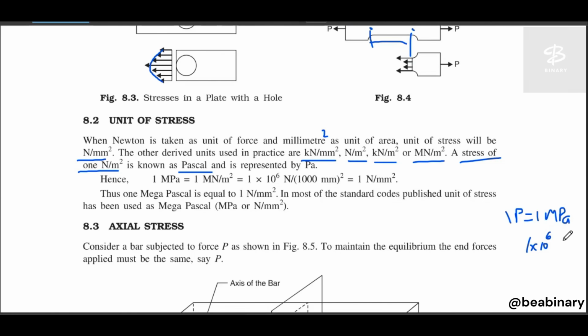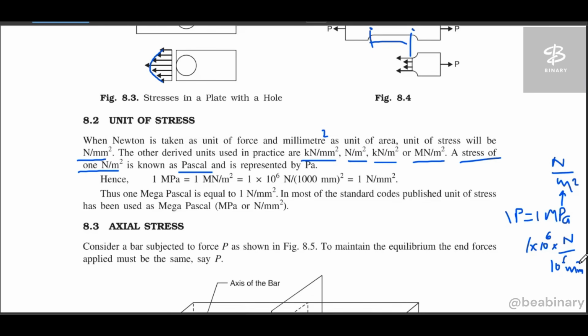Okay, Pascal means Newton per meter square. So here, Pascal is Newton per meter square, and we change the meter to mm, which gives 10 to the power 6 mm square.